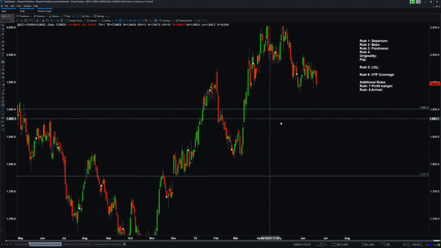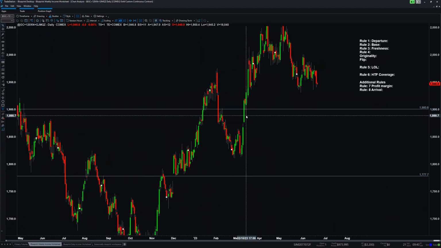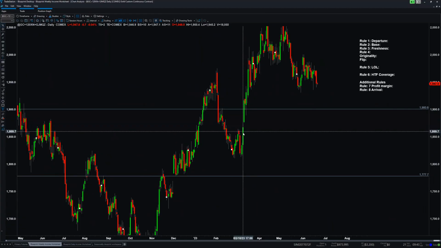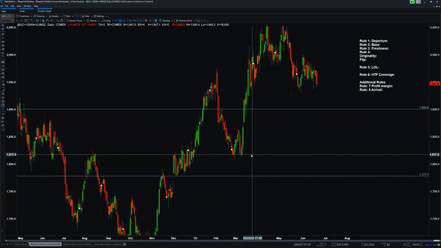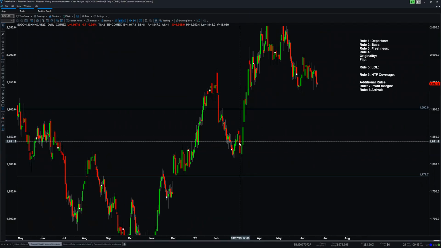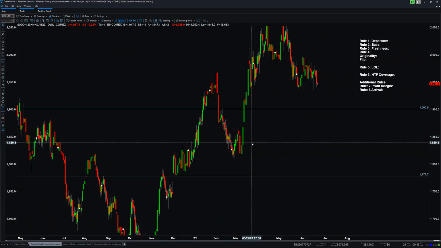So the first candle that I see here is going to be right there. That's an explosive candle. Then we've got another explosive candle, another explosive candle. So already what I'm seeing here is a drop-base-rally.